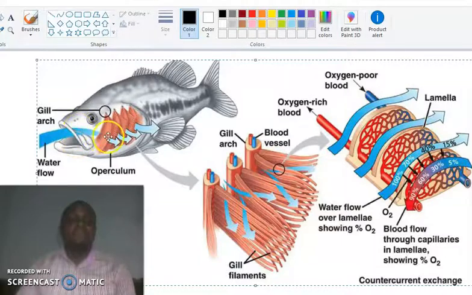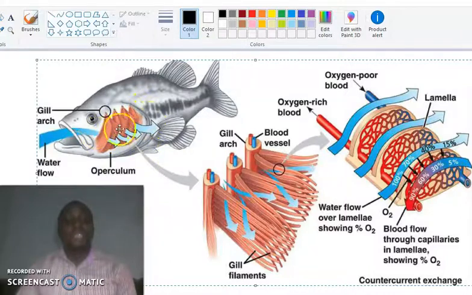At the same time, the operculum, that is the covering which covers the gills, presses inwards, hence reducing the volume of the opercular cavity, but pressure inside the opercular cavity increases. Therefore, water is forced to move out of the opercular cavity through the free end of the operculum here. Is it clear?